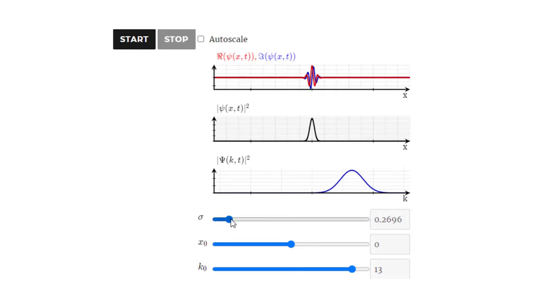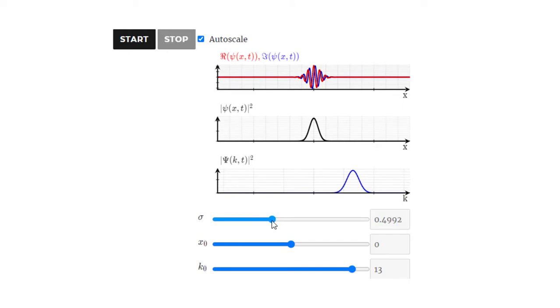If we go back to our quantum mechanical example, and let me widen this out a bit and put auto scale back on, so it scales a little better so you can see what's going on.